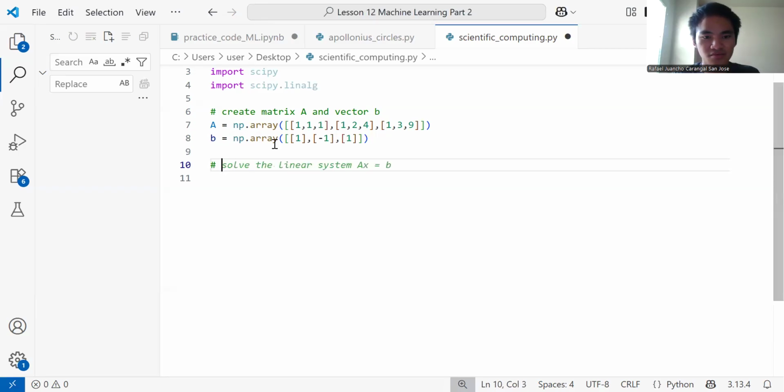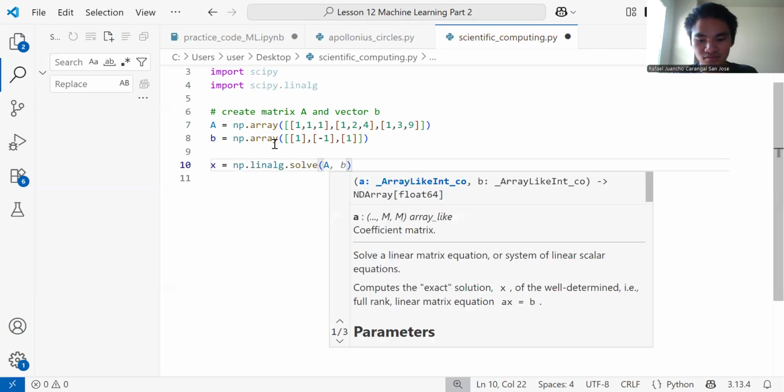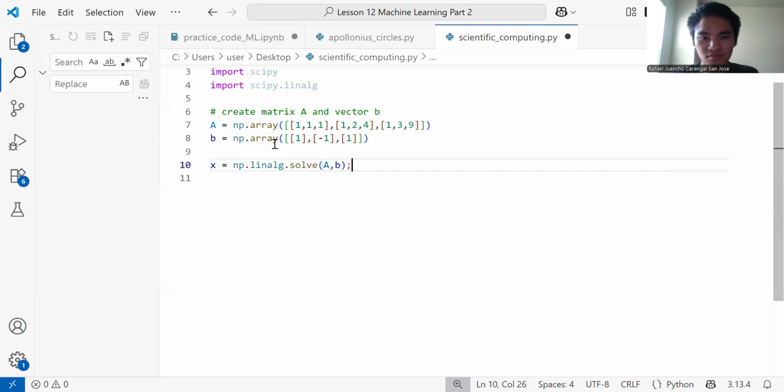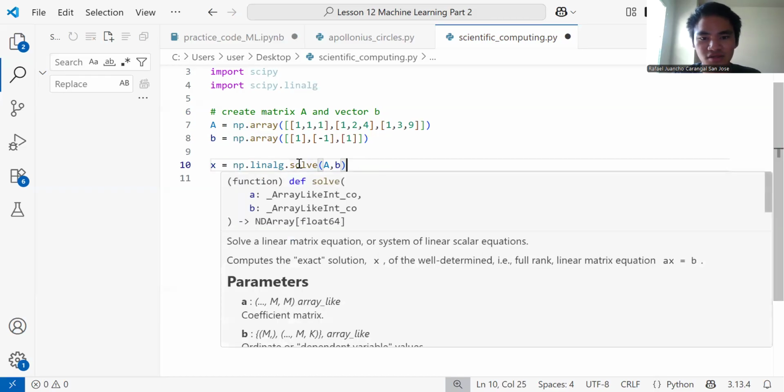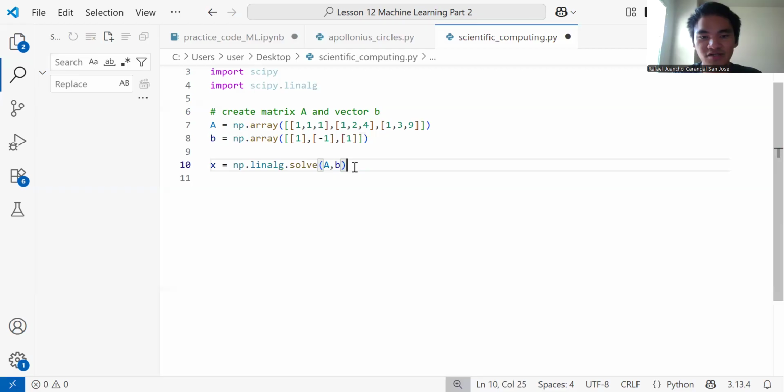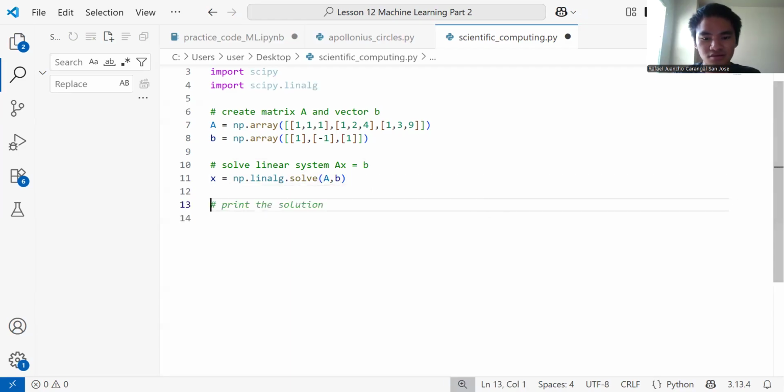So np.linalg.solve. Here we're solving for x, and this is actually just using Gaussian elimination.